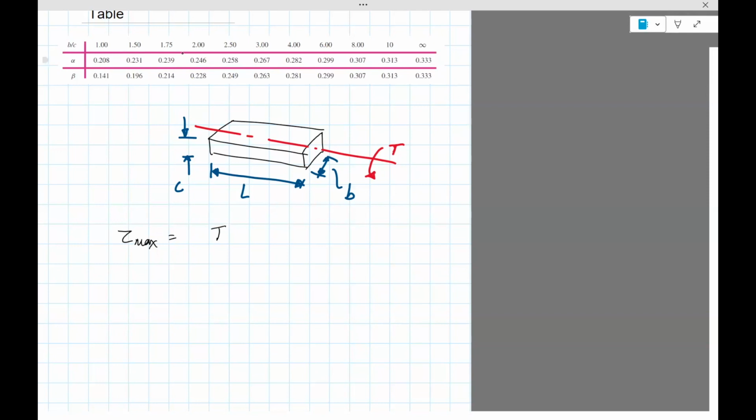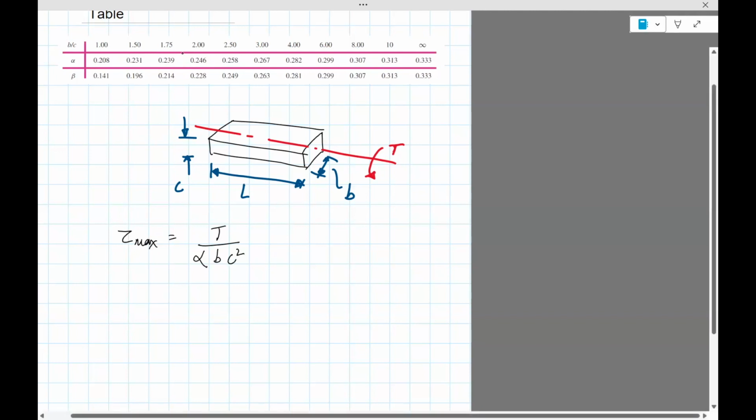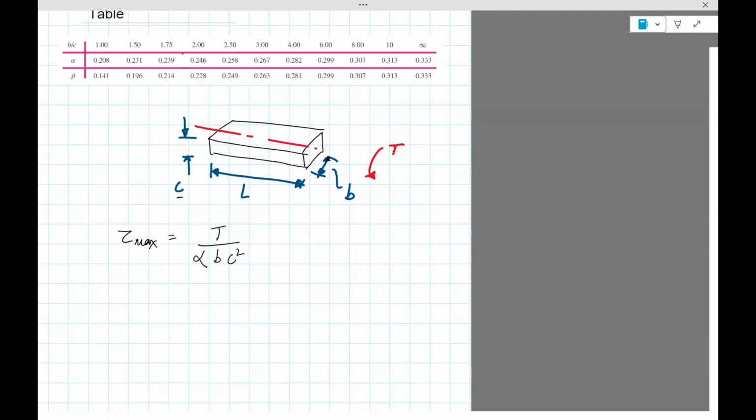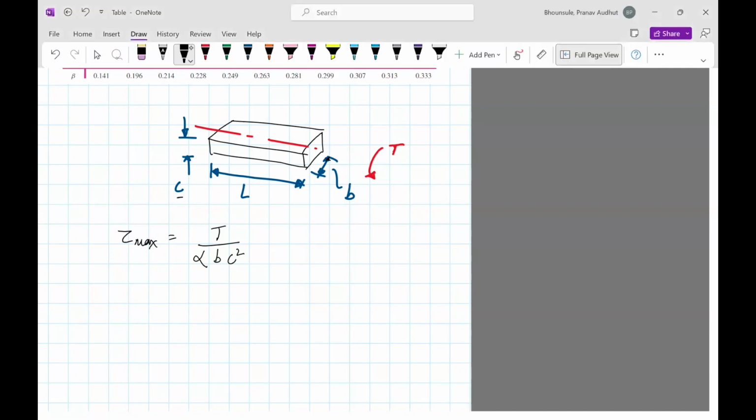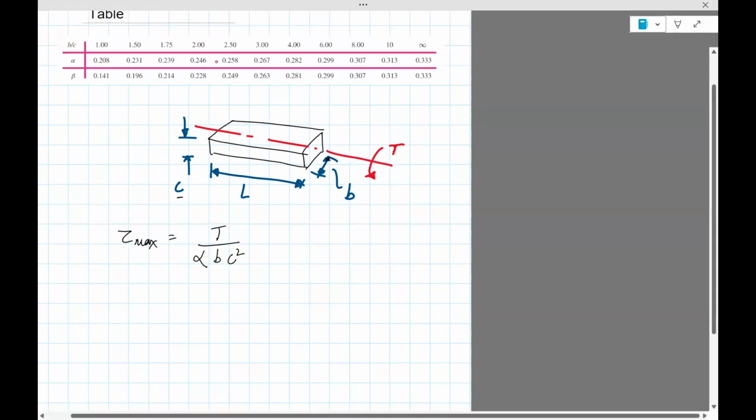It's the torque divided by alpha times BC squared. Note it's very important that you know what B and C is. B is going to be the thickness normal to this axis, and C is going to be the width. So you need to have this picture in mind before you can use this formula.